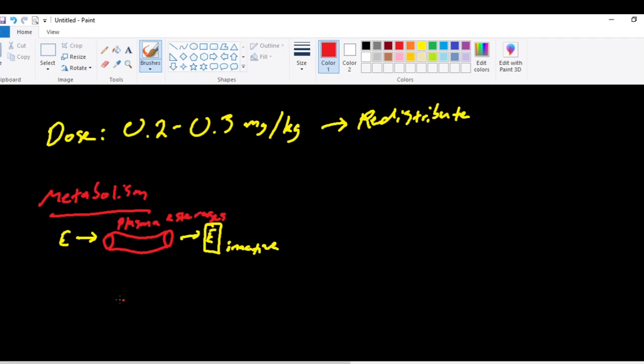The other way that etomidate gets metabolized is similar to propofol. It's via the liver. However, it's not through conjugation, whereas with propofol, the metabolism was through conjugation. With etomidate, the metabolism is through microsomal enzymes. So hepatic esterases you can even think of.